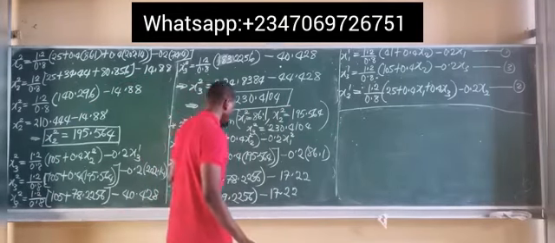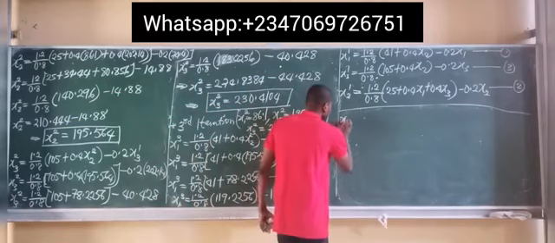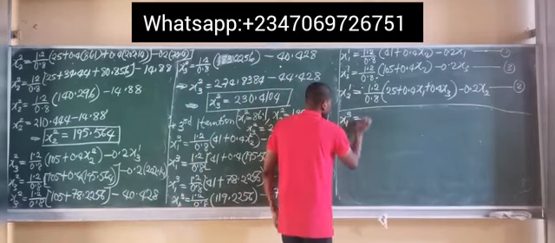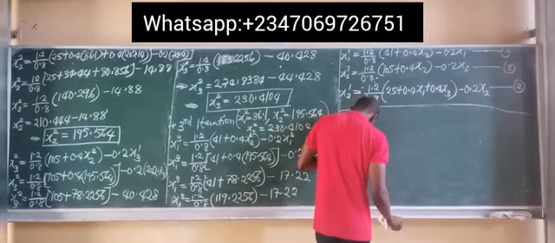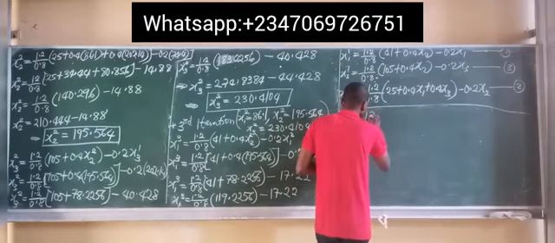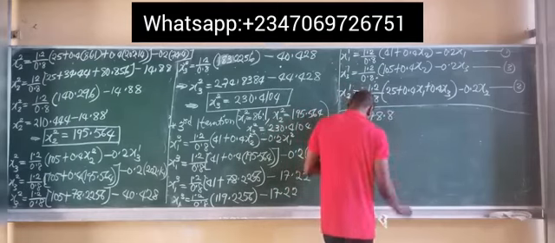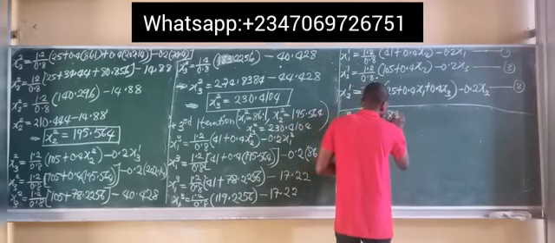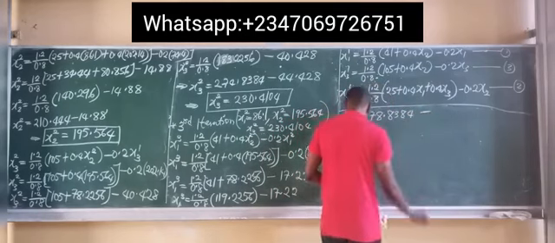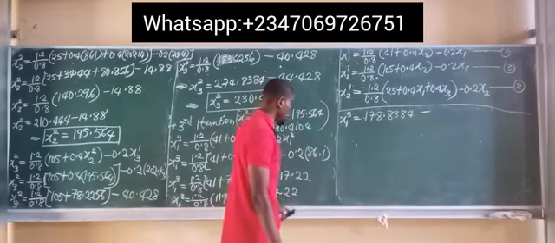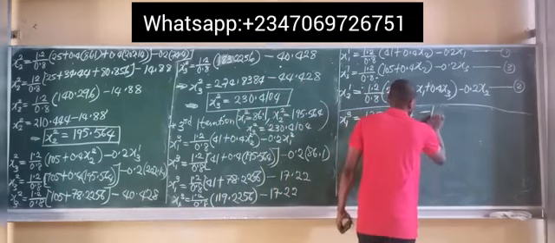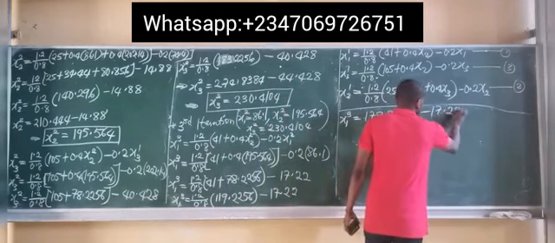So that will give us x1 of 3 is now equal to 178.8384, minus 17.22.